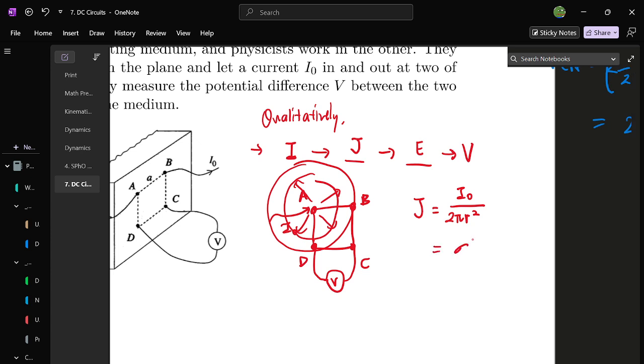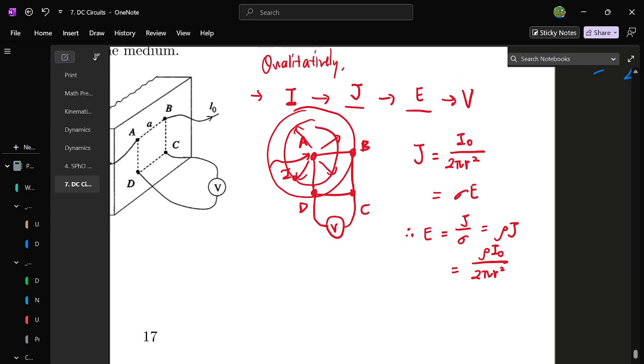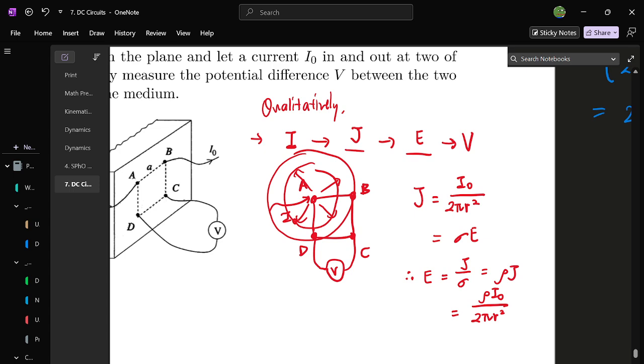Now, from Ohm's law, J equals sigma E. So E equals J over sigma, which is rho J. So this is the electric field as a function of the radial distance. This is just this step, and this is this step.